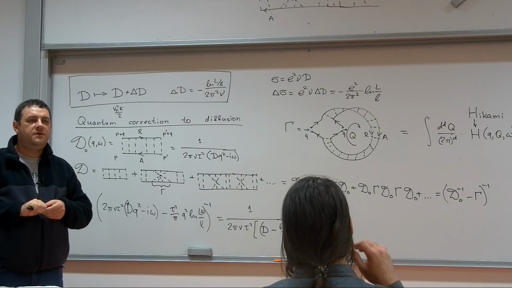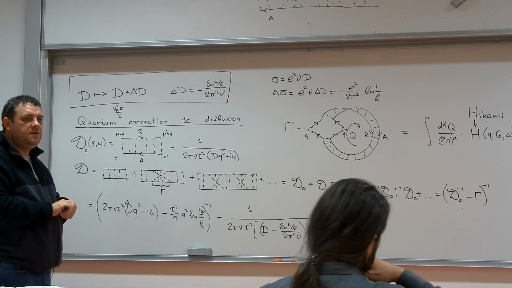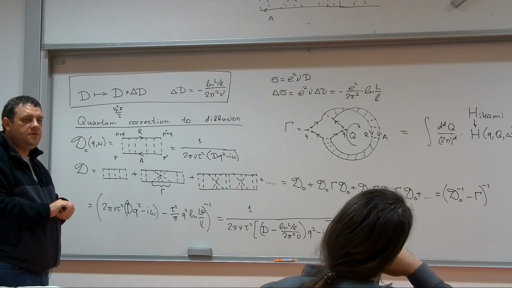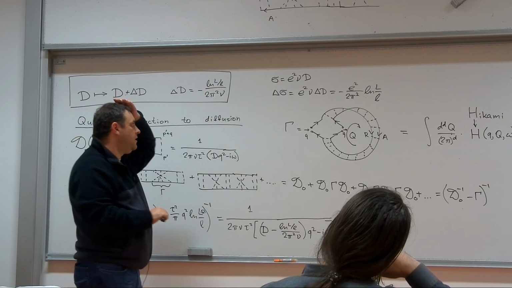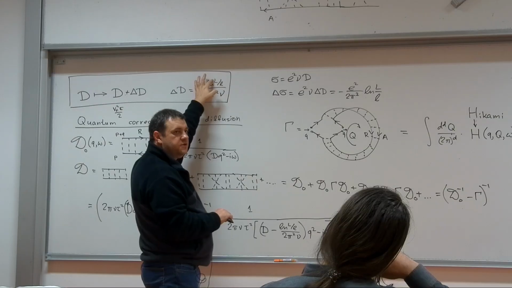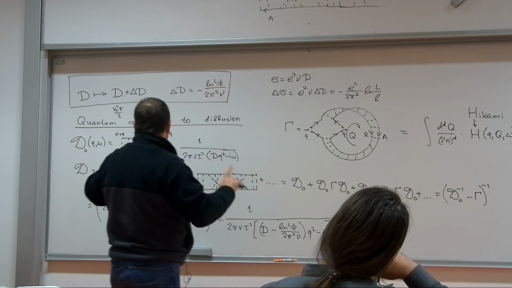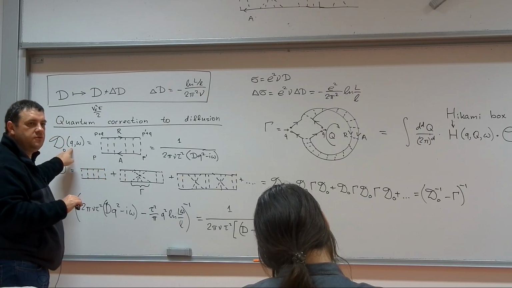I have a question: this correction is independent of both scales, right? Oh, you mean these scales here? Actually, it mainly depends on the infrared scale. Look, it's a tricky thing. The diffusion is a function of q.